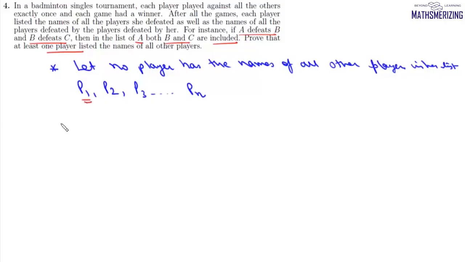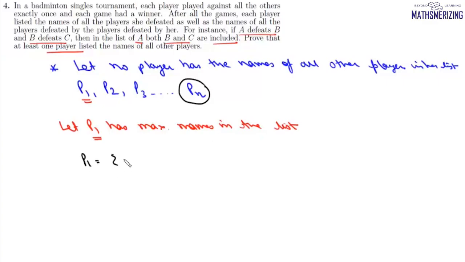So let P1 have the maximum names in the list. Now this P1 has the maximum names, but it doesn't have all the names. Now suppose Pn is not included in the list of P1. So P1 has players, say P2, P3 and Pk, but it doesn't have Pn.